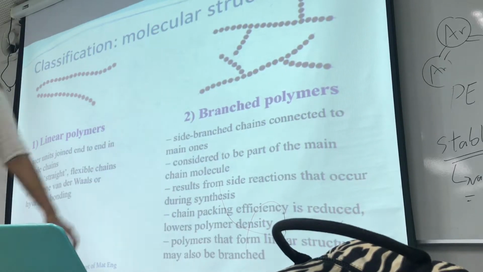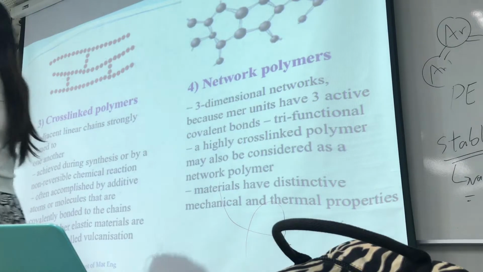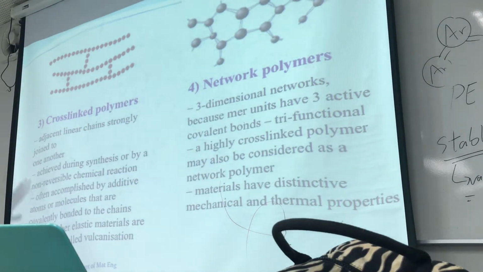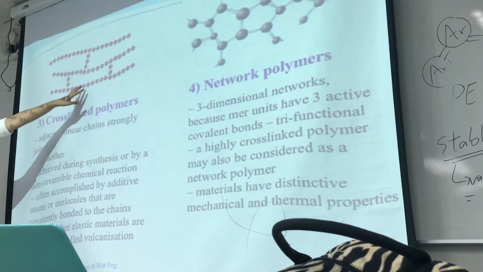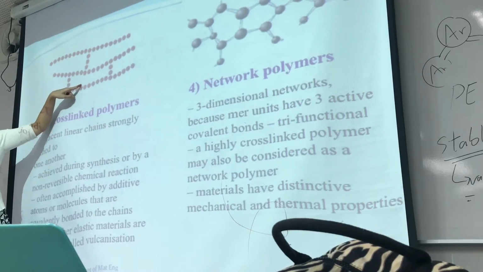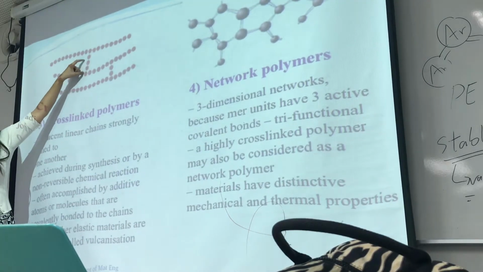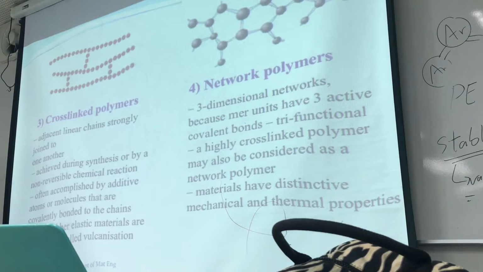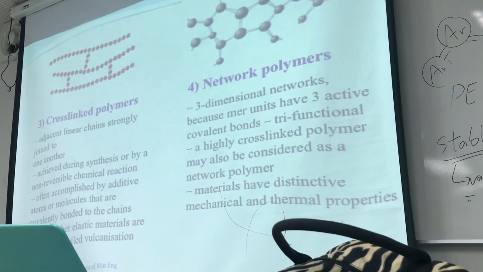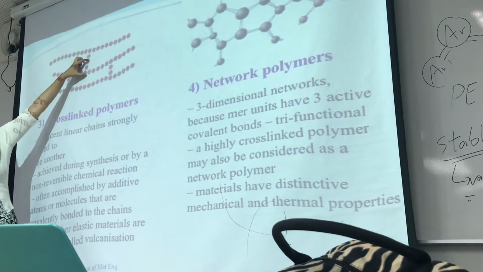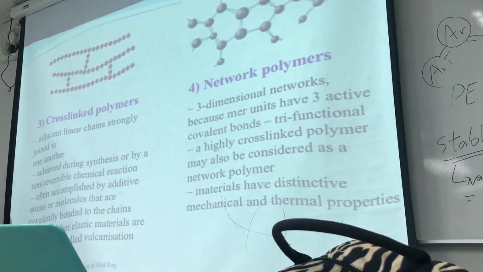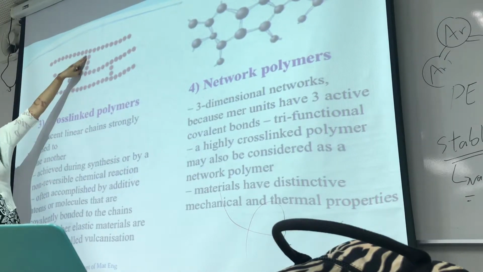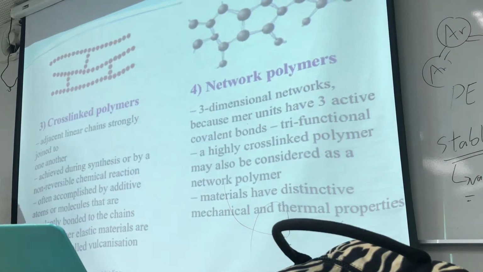Alright? So, next, if we have a chain of polymer, and then there is another chain to link those two chains together, we call it crosslink. And this crosslink, we have the whole chain crosslinked. It's quite strong because these are covalent.